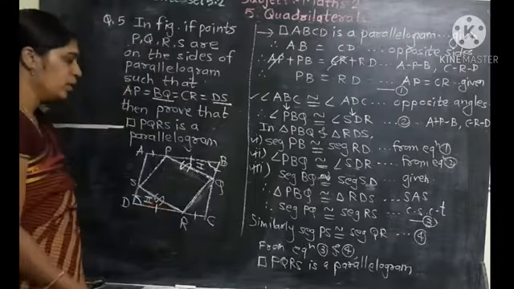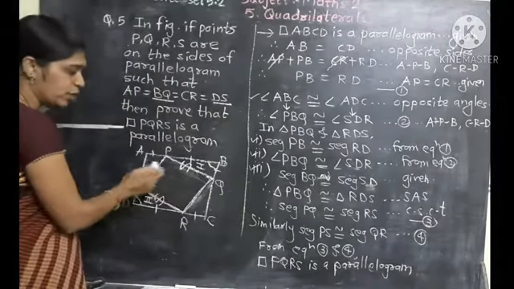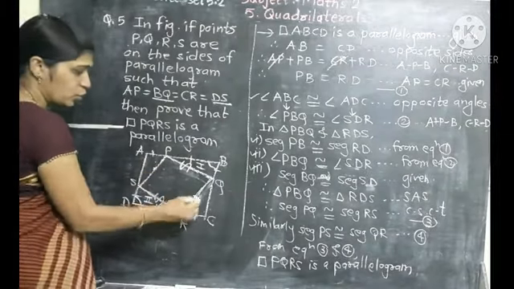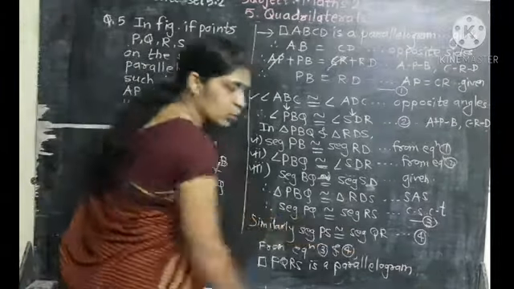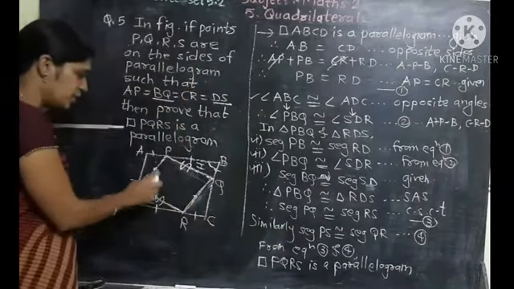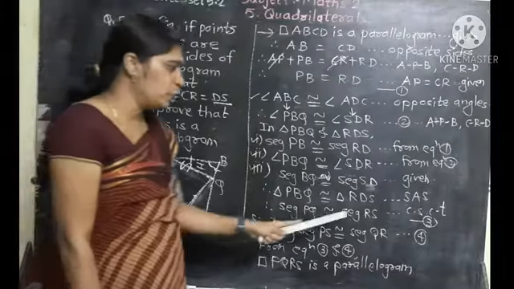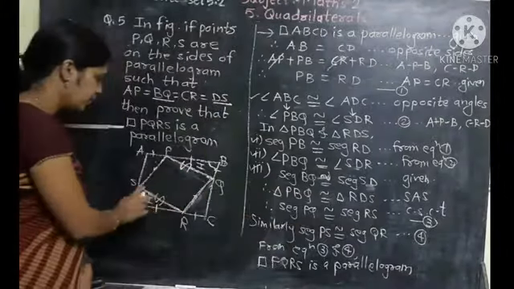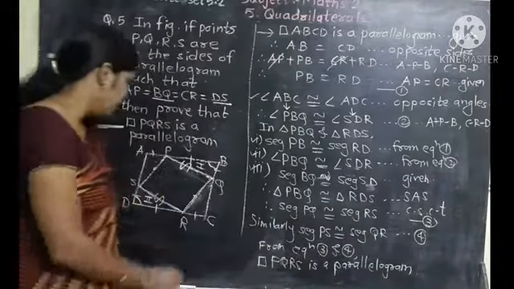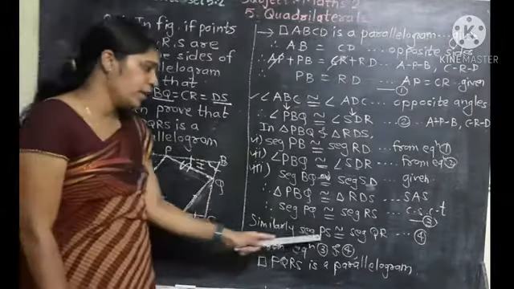We have proved this. Similarly, if we choose these two triangles, we prove that PS is congruent to QR. So, if these opposite sides are congruent, PQ is congruent to RS and PS is congruent to QR.